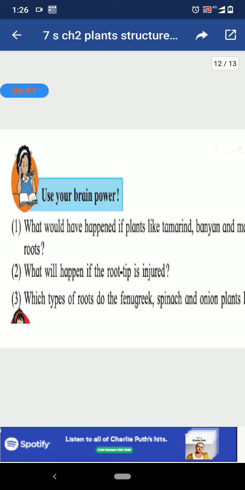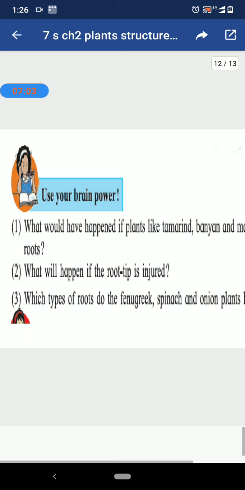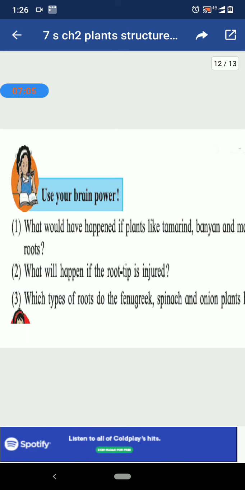If such a tree had fibrous roots, it would not withstand the environment, and it would be uprooted easily and fall down. That's why they contain the taproot.